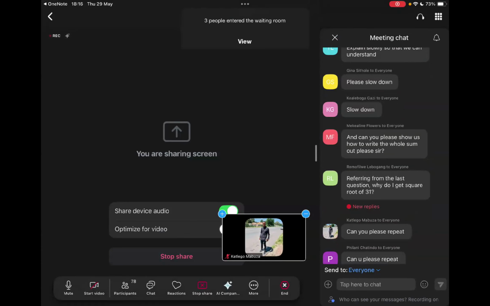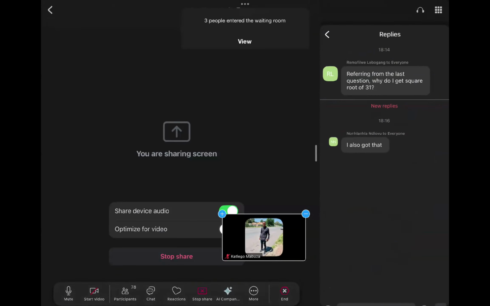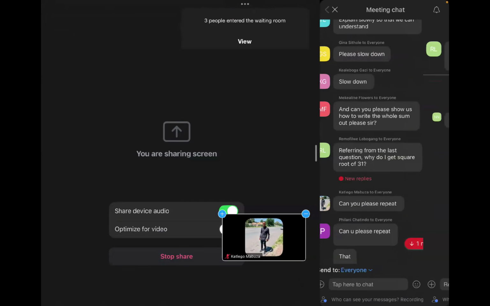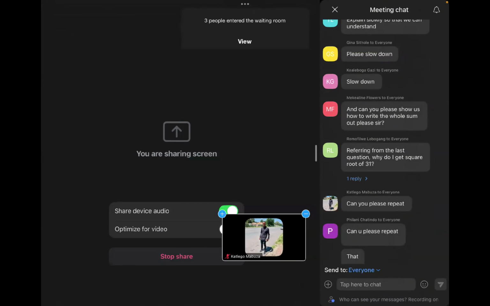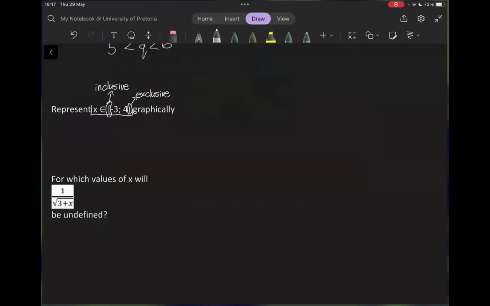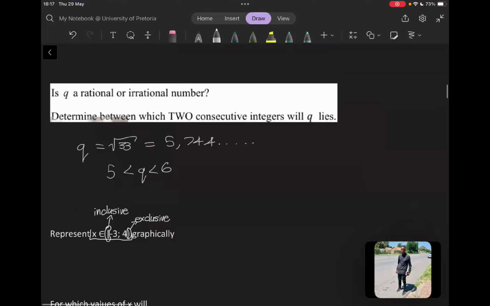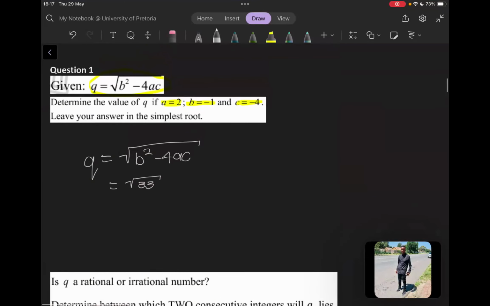Katlejo and Pinani are asking me to repeat. All right, let's see. Somebody else has gotten the square root of 31. Let's go back to the question and see exactly. Okay, cool. Hope you guys are following along.